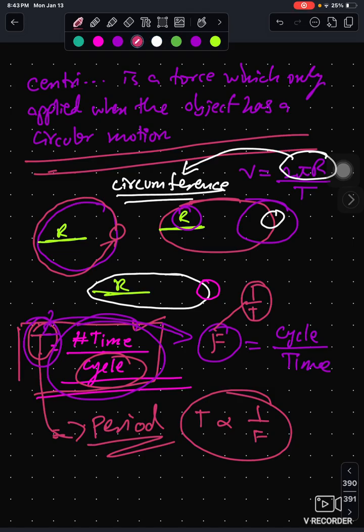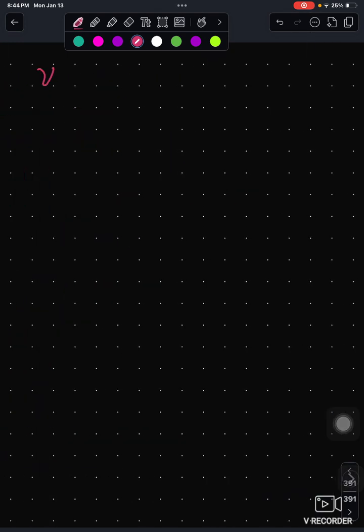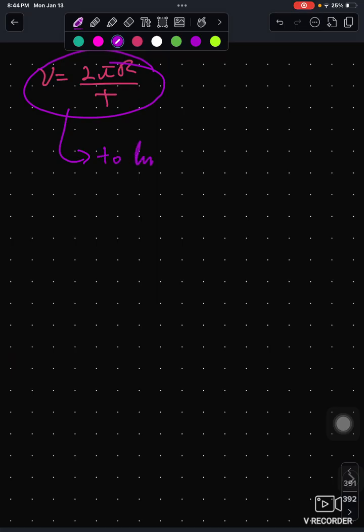This equation is very famous in astrophysics, because v equals 2 pi r over T is used to know the speed of the planets.